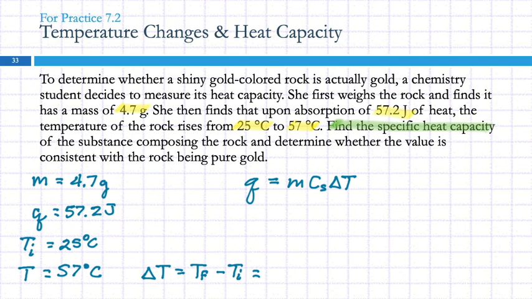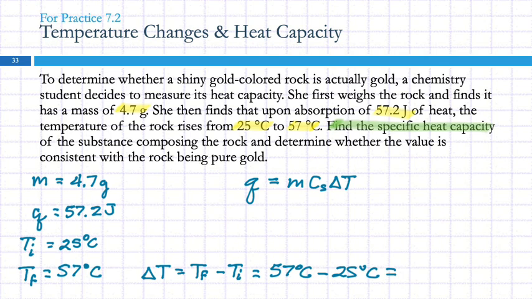And the final is the 57. Because it says it changes from 25 to 57. So it's not going to be just specified for you, but the words will indicate. So we can calculate delta T. It's the final temperature, 57 degrees Celsius, minus the initial is 25.